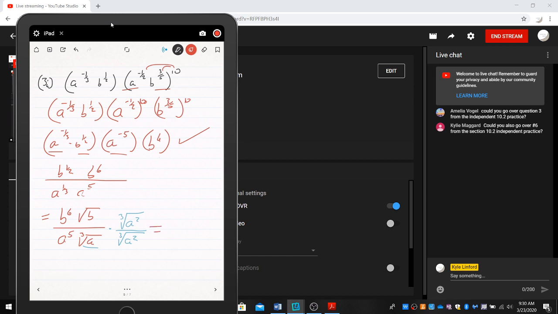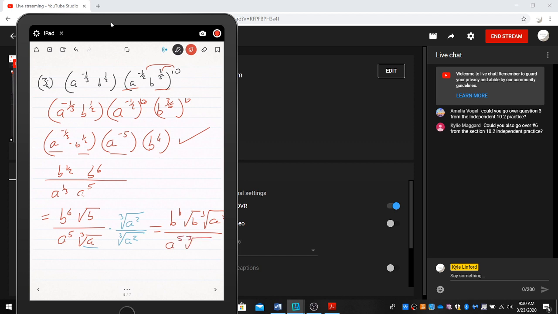In the numerator, don't worry about it. It's b to the 6, square root b, cube root a squared. I'm not too worried about combining all of that together. But on the bottom is where I really want to see things simplify. We have a to the 5th times the cube root.